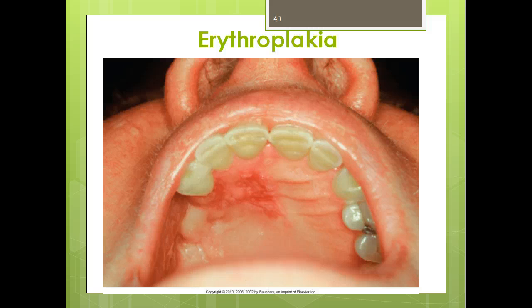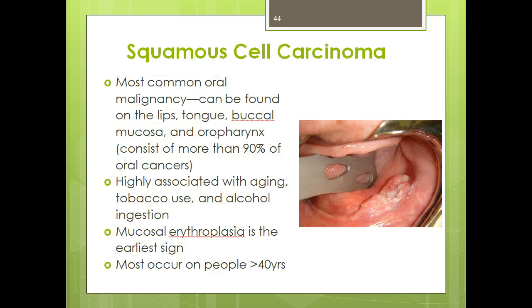Okay, and a lot of times they tend to say that with erythroplakia, it's usually what they consider a precancerous presentation. Next, you have what they call squamous cell carcinoma.